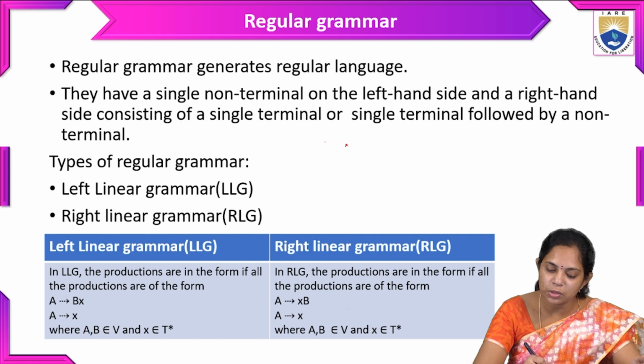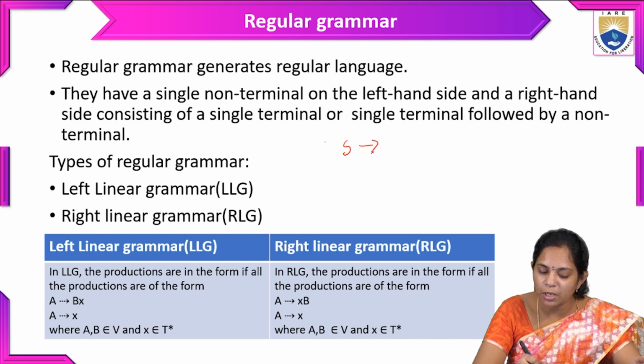So production rules: on the left side it has a single non-terminal. Let S be the single non-terminal, and it is a combination of a single terminal followed by a non-terminal, or here one more combination, only a terminal.